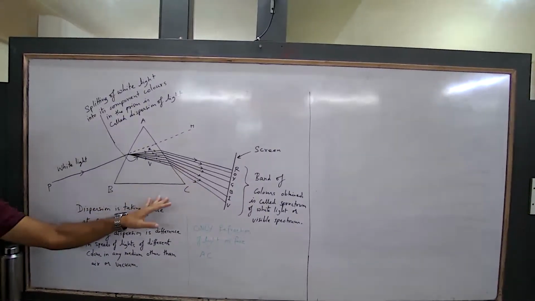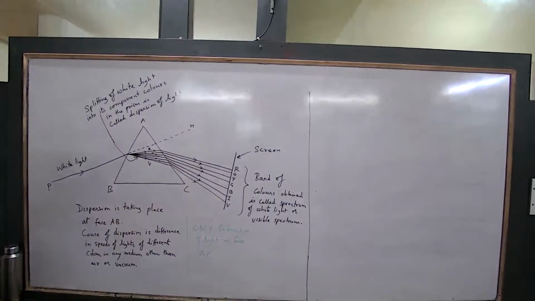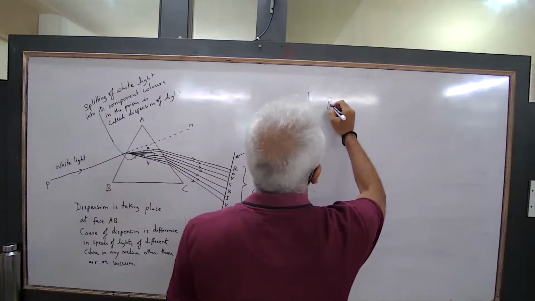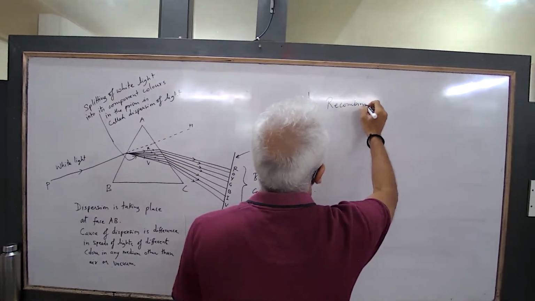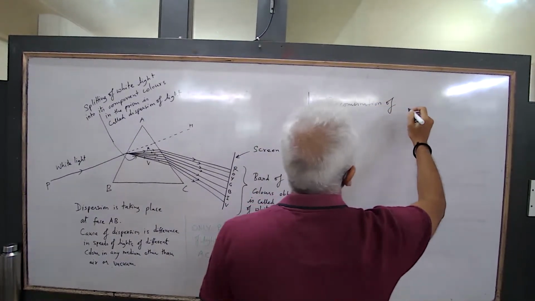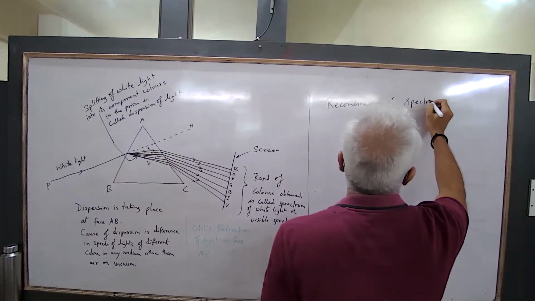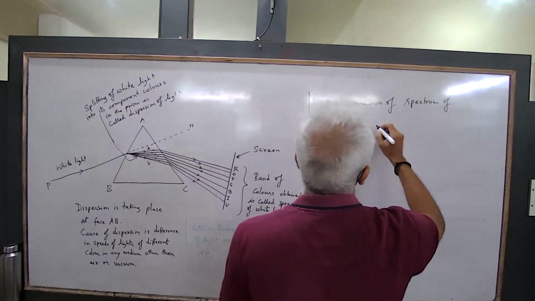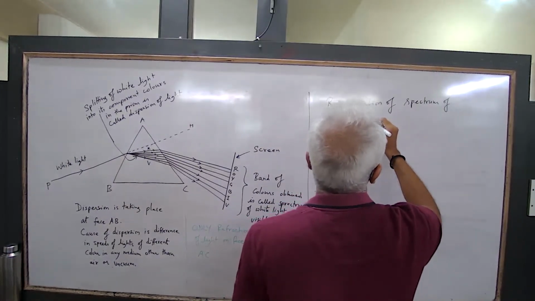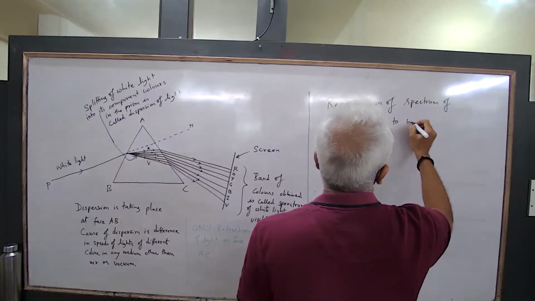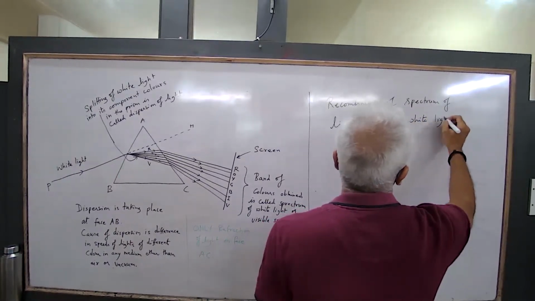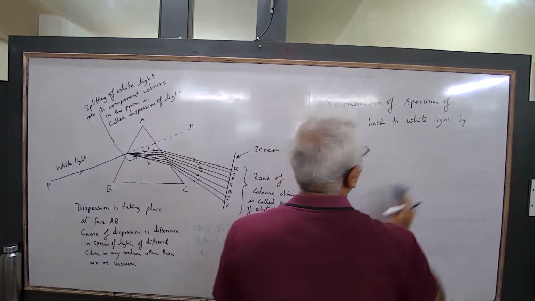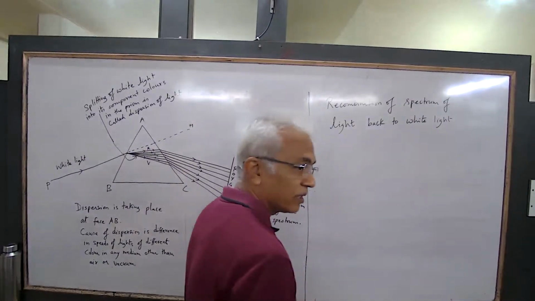And who conducted this experiment first? Isaac Newton. Okay, so you all know. So recombination of the spectrum.